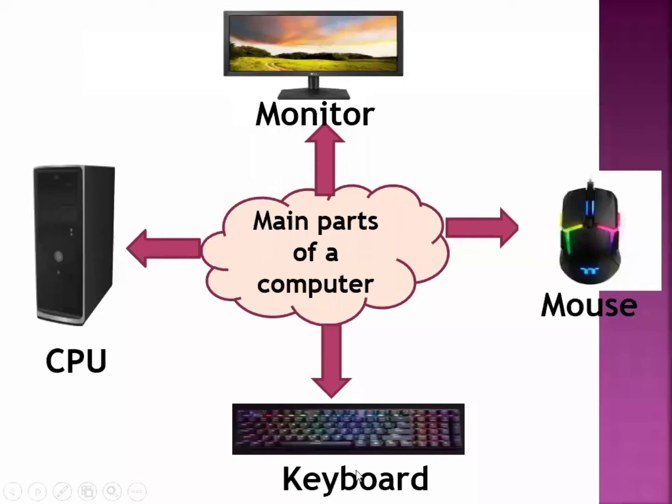A computer has 4 main parts: monitor, CPU, keyboard, mouse. Now we will learn in detail about these parts of a computer one by one.